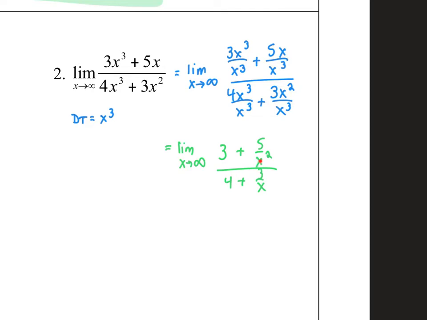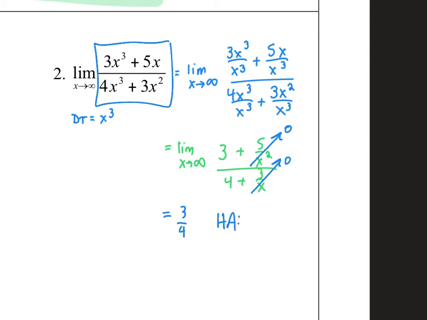So where I see the x is here, if the denominator is growing without bound, that means the entire fraction will be approaching 0. So that's just going to zero out. That's just going to zero out. And all I'm left with is simply 3 over 4. So that means that this function right here has a horizontal asymptote at y equals 3/4.